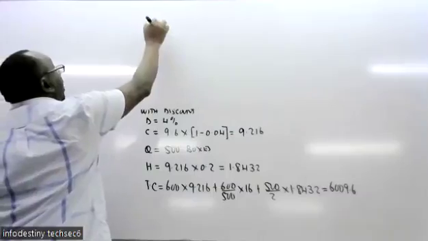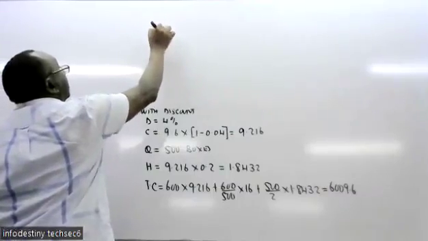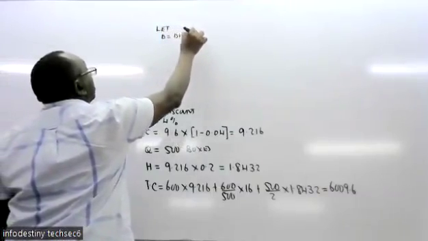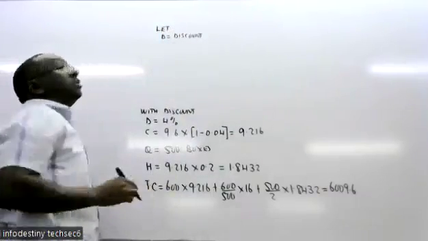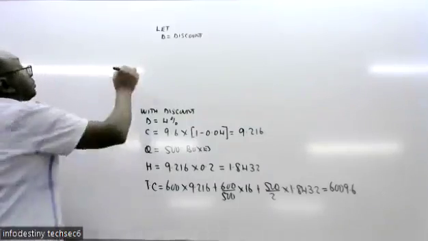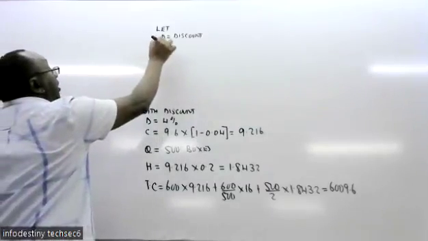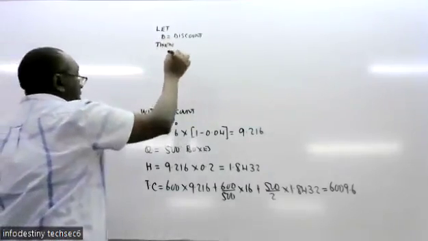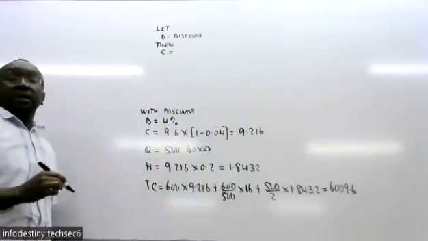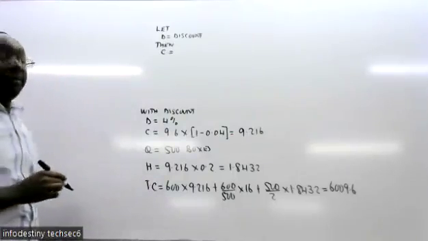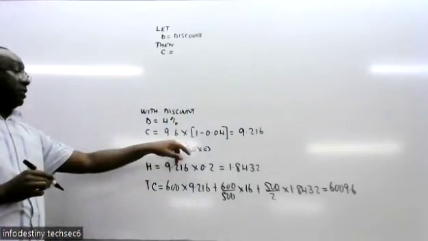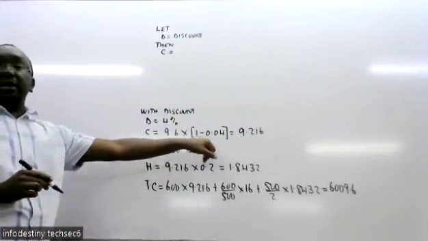Then down there you say let D represent the discount. Then C will be, I see how we did it here, 9.6 times 1 minus the discount.